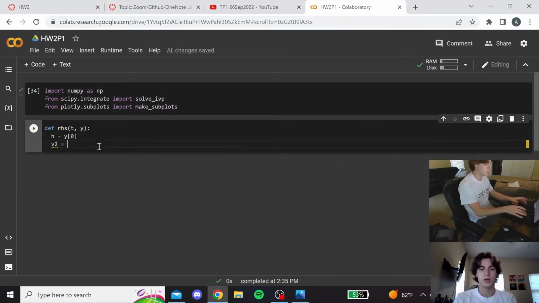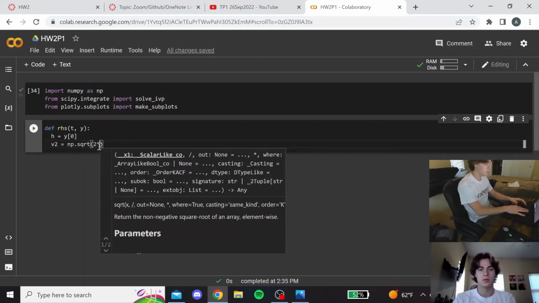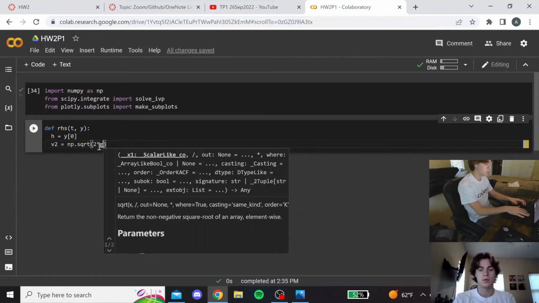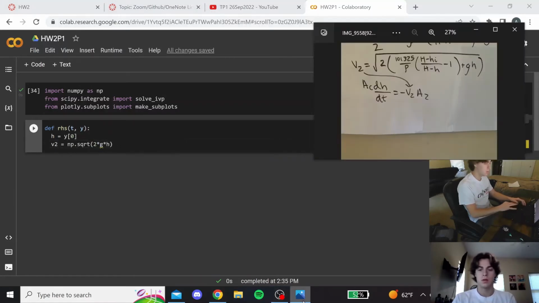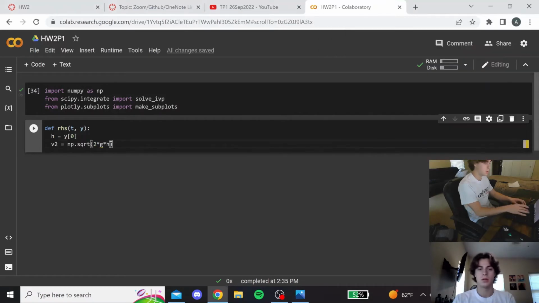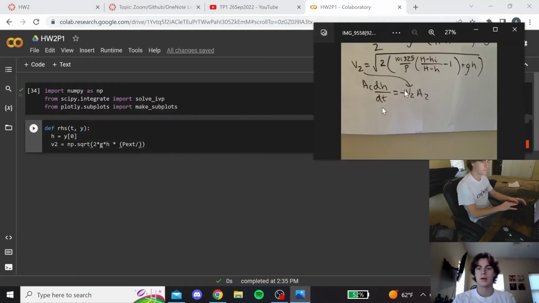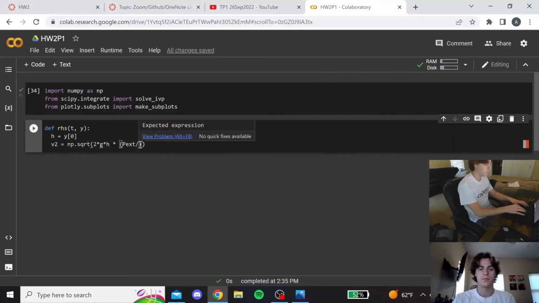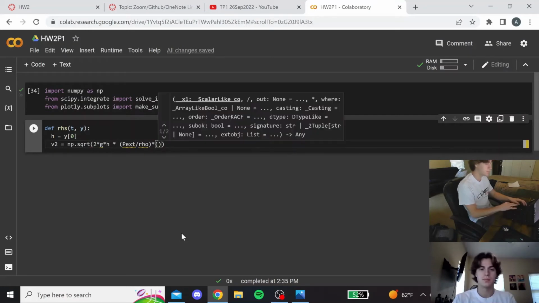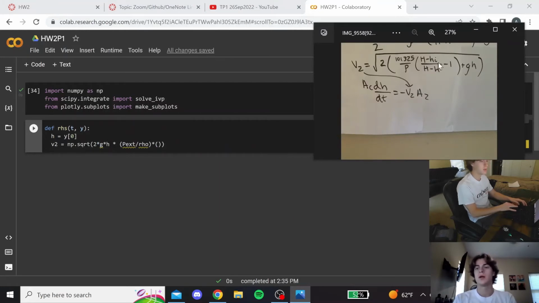So V2 is going to be equal to the square root of 2 times G times H times our external pressure divided by rho times the height minus the initial height over the height minus our current height, minus 1.